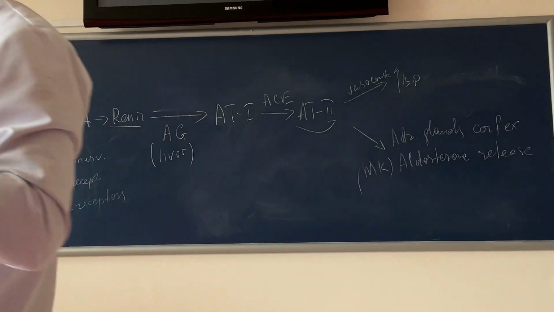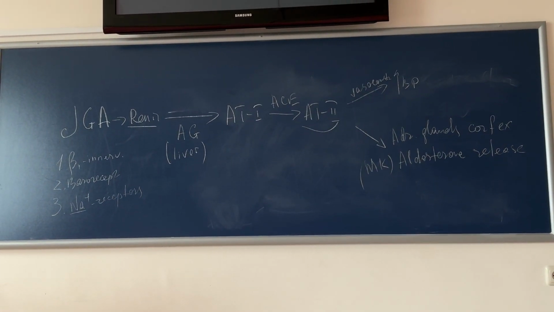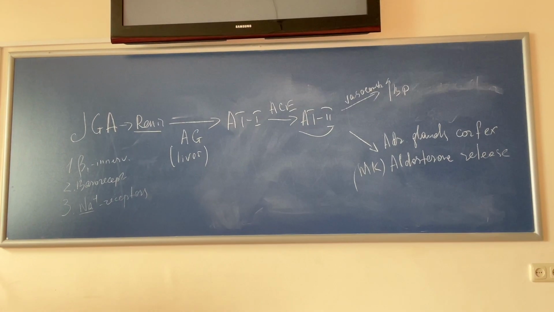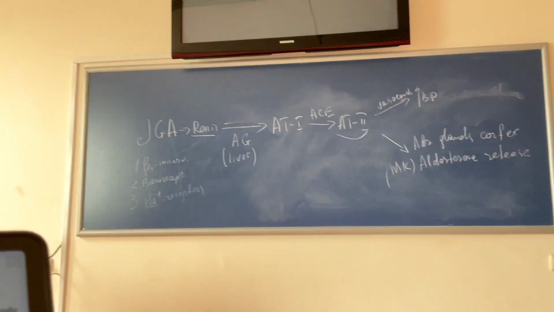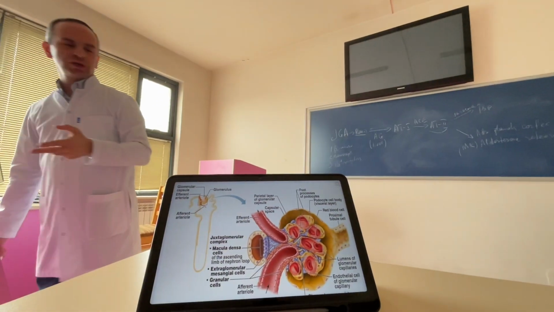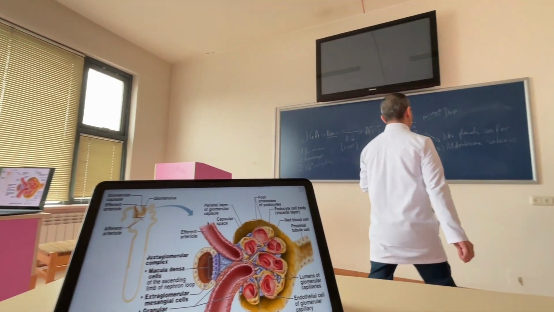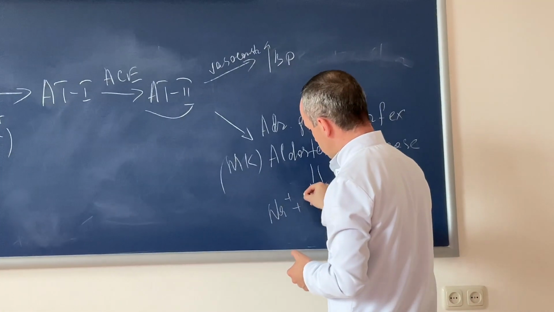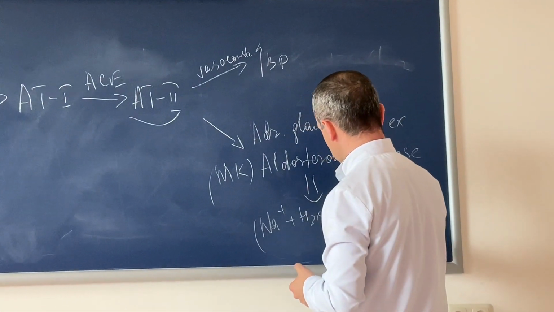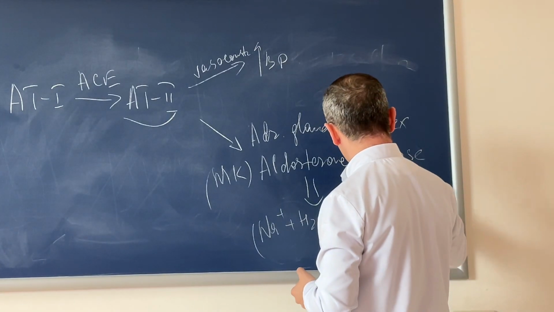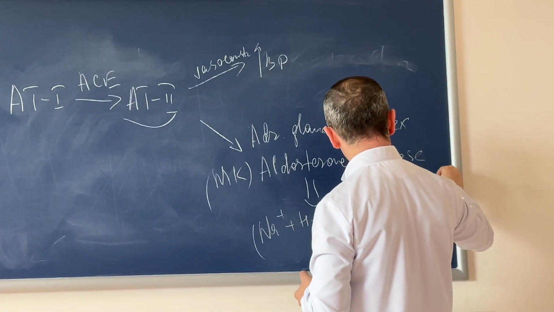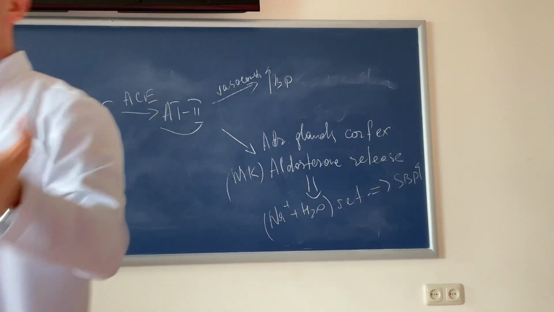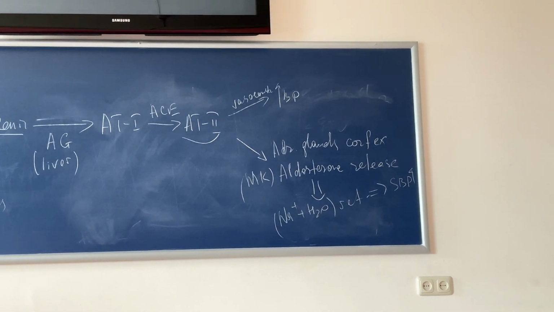Mineralocorticoid is regulating minerals, electrolyte balance. Particularly, it is retaining sodium and thus water, and it's treating potassium. So aldosterone release results in sodium and water retention, and thus increases circulating blood volume or plasma volume, and thus especially systolic blood pressure.